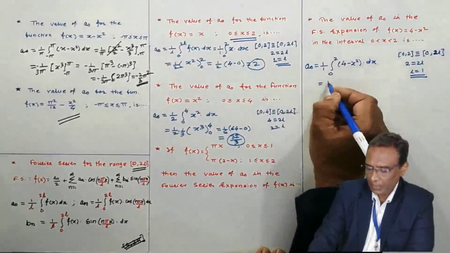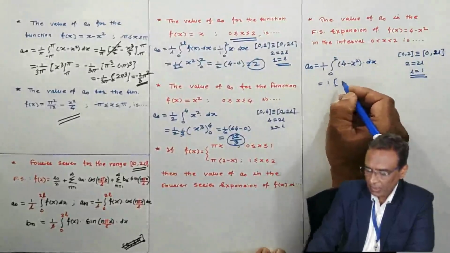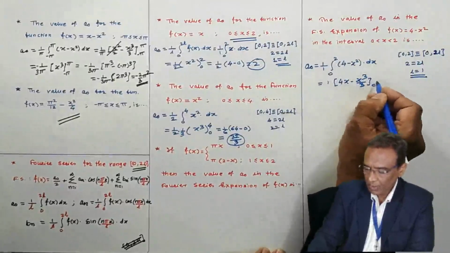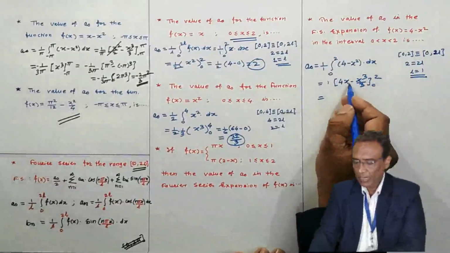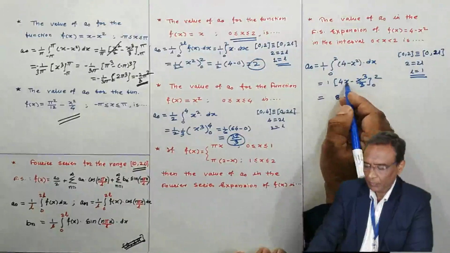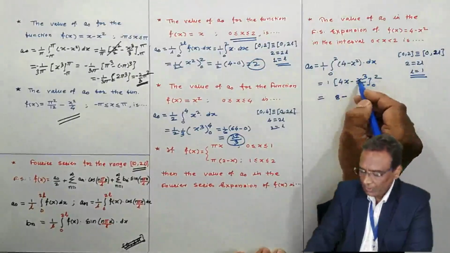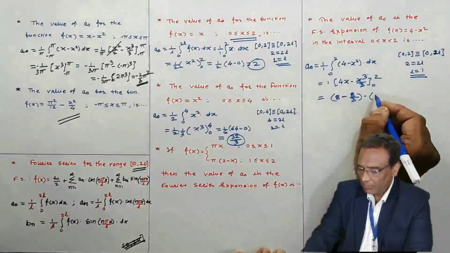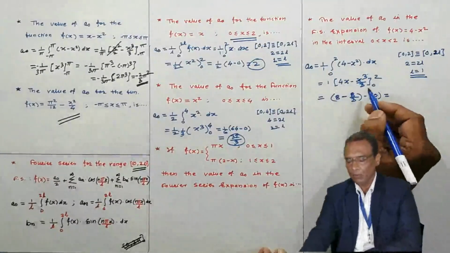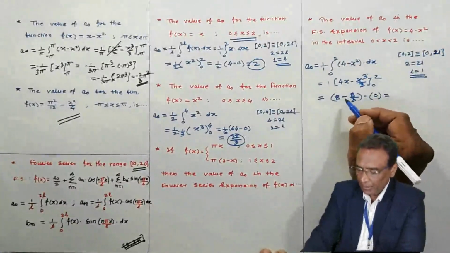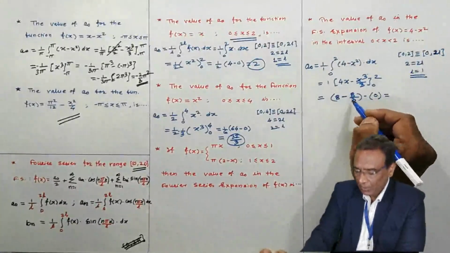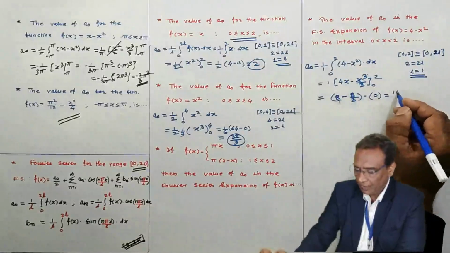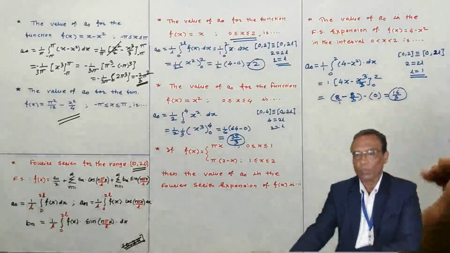Take integration directly, very simple. 1 by 1 is 1. Integral of 4 is 4x, integral of x square is x cubed by 3. Lower limit is 0, upper limit is 2. Put x equal to 2, 4 into 2 gives 8, and 2 cubed is 8 by 3. Minus, put x equal to 0, you will get 0 for the lower limit. And 8 minus 8 by 3 is what? 24 minus 8, 16. 16 by 3 is the value of a0.